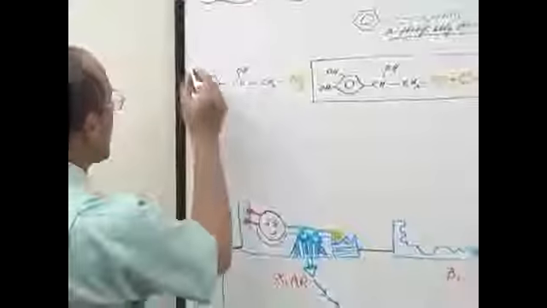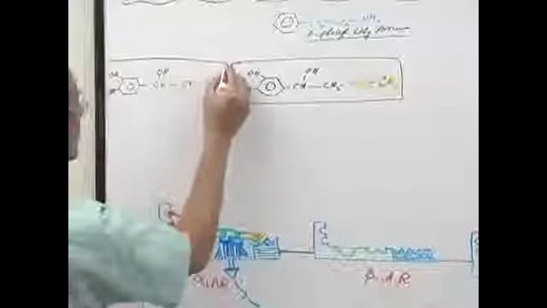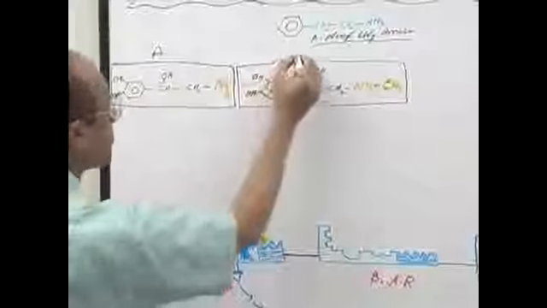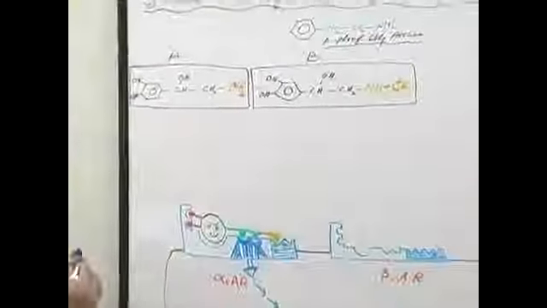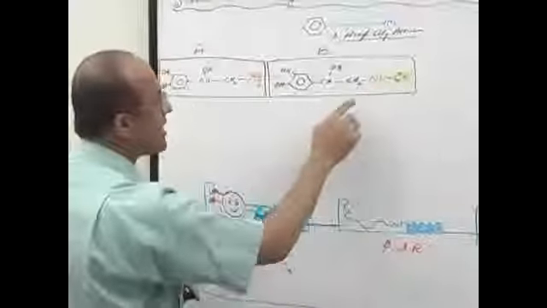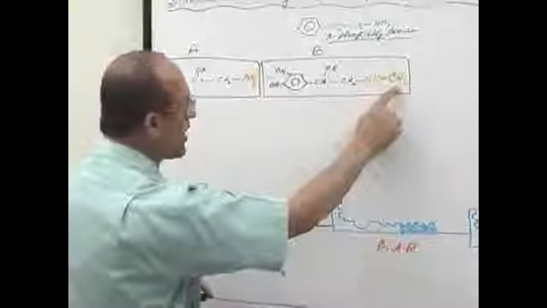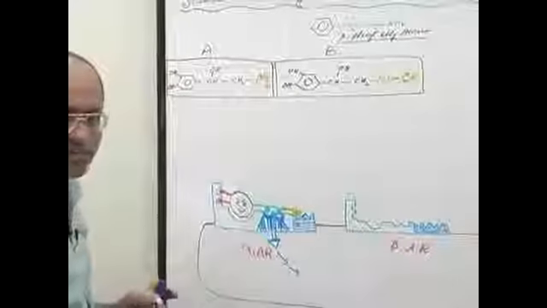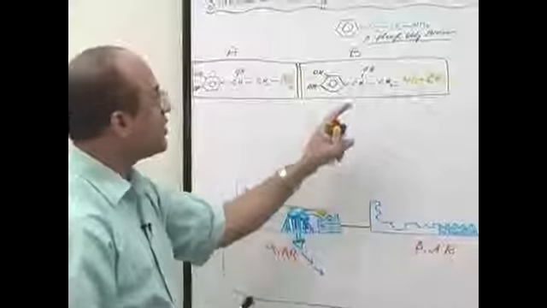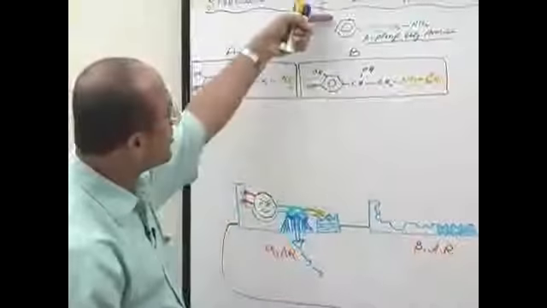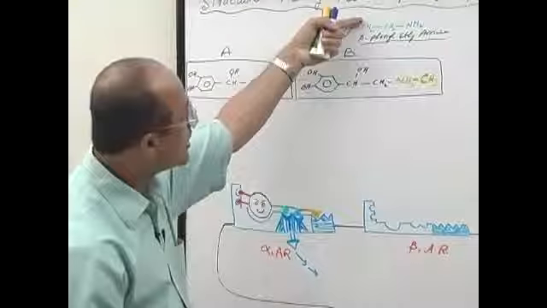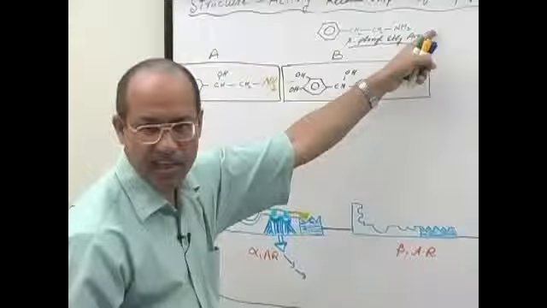This is compound A and this is compound B. The difference between compound A and compound B is that one has methylation on the amino end and the other does not have methylation, right? This compound is produced by converting this into catecholamine, hydroxylation here, and adding a methyl group here.